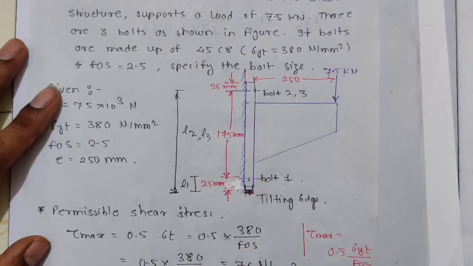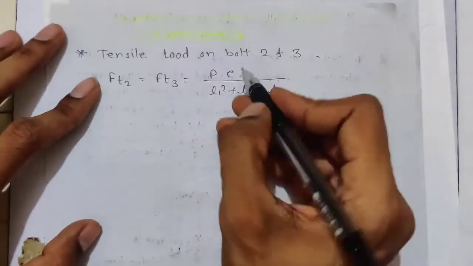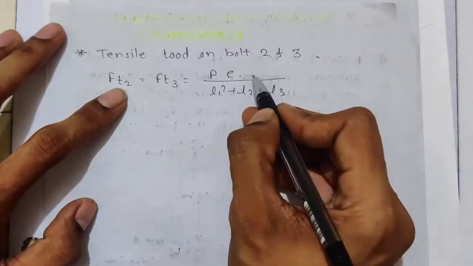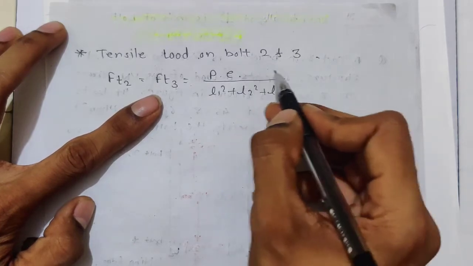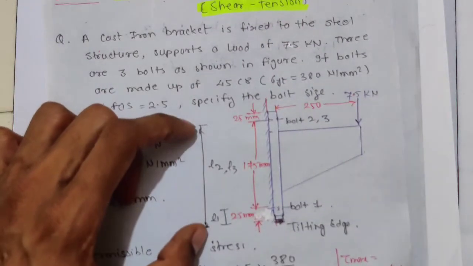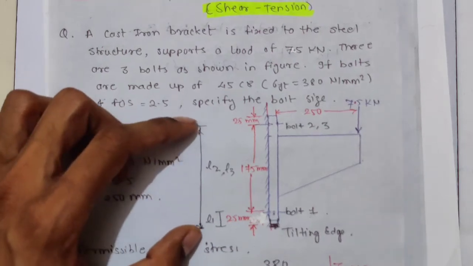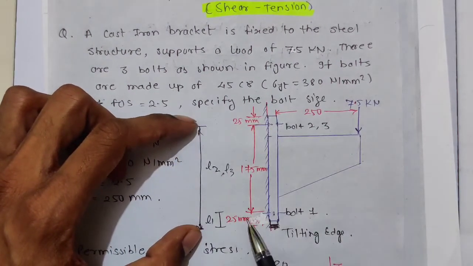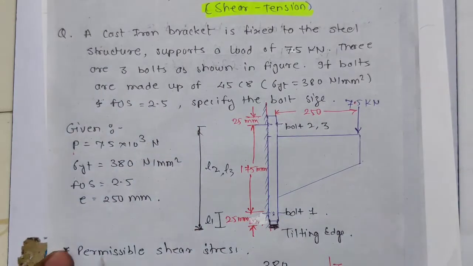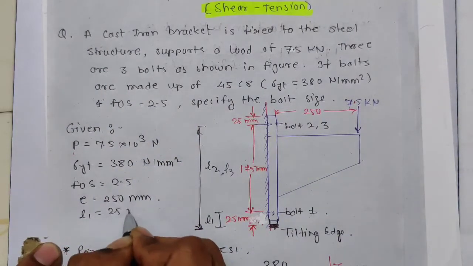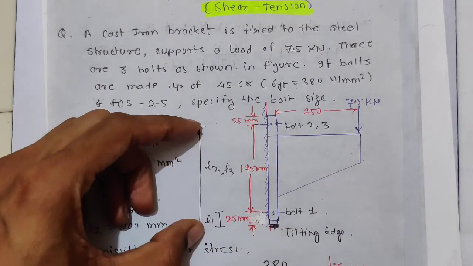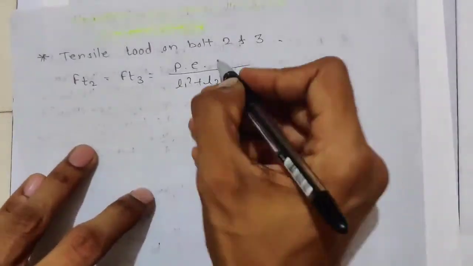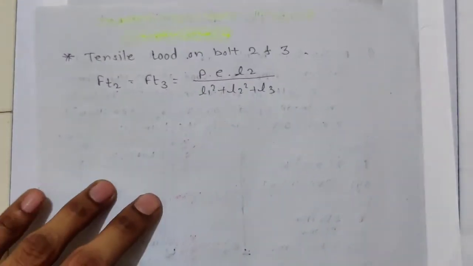Now this is multiplied by l2 if bolt 2, or l3 if bolt 3. Here we are not having r2, r3, we are having l2 and l3, so this distance. What is this distance? This distance is 25 plus 175. So L1 is equal to 25 mm and L2 is equal to 200 mm, and L3 is the same as L2.